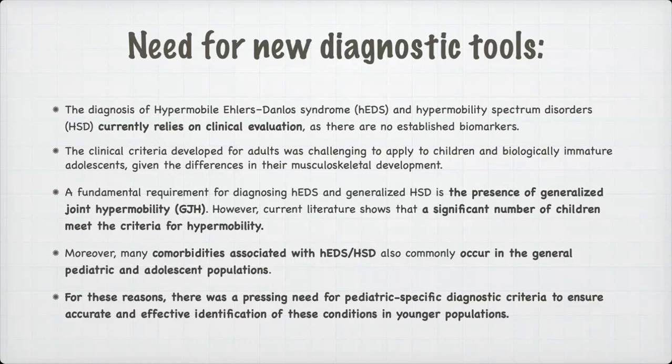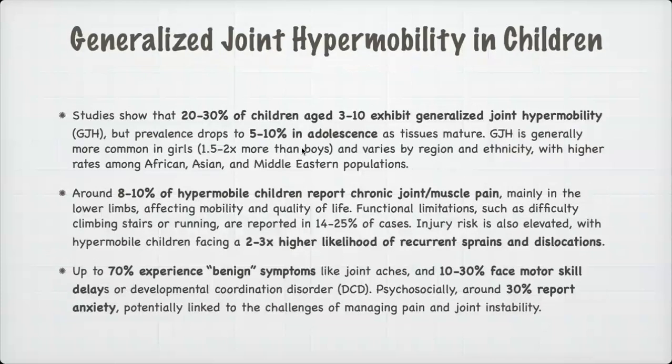So in order to qualify for these conditions, there has to be a presence of generalized joint hypermobility. However, current literature shows that a significant number of children meet the criteria for hypermobility. Moreover, many comorbidities that we associate with HEDS and HSD are also commonly occurring in the general pediatric and adolescent populations. For these reasons, there was a pressing need for pediatric-specific diagnostic criteria to ensure accurate and effective identification of these conditions in younger populations.